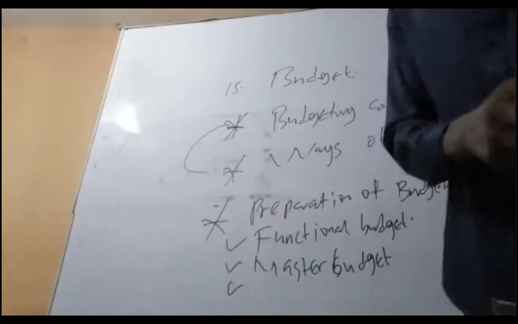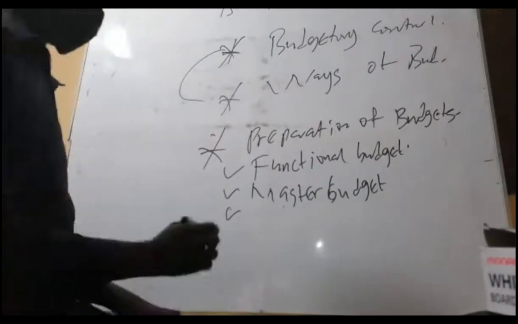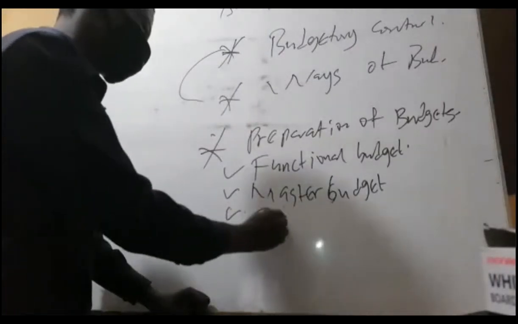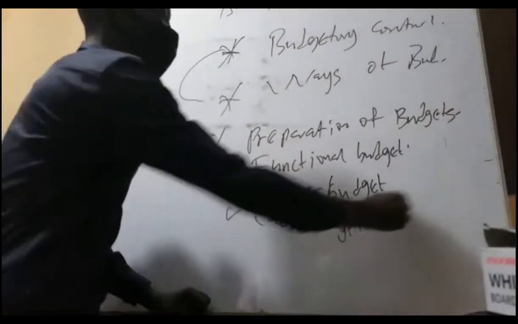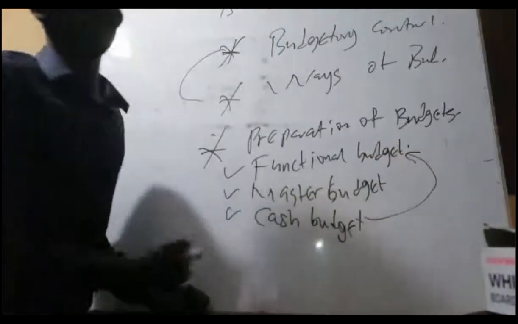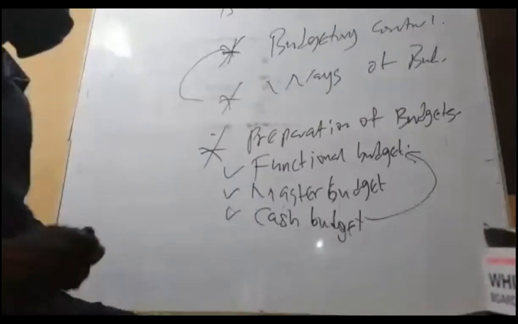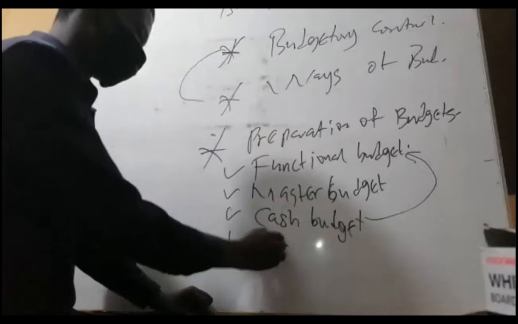And then finally, flexible budget. Even though cash budget forms part of functional budget, they can ask you on its own. Good.